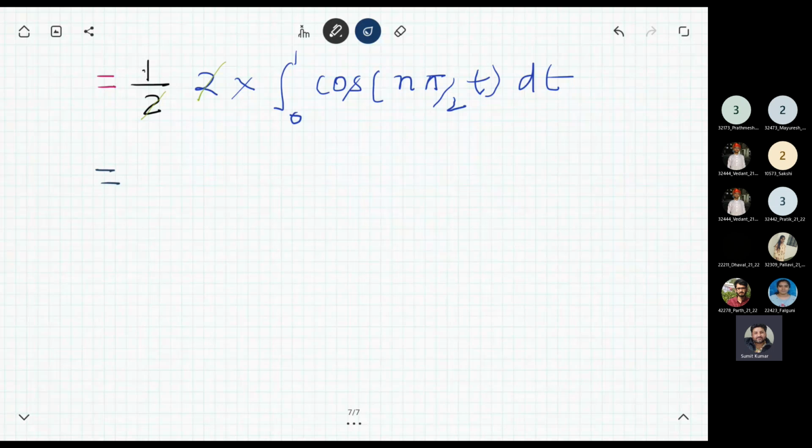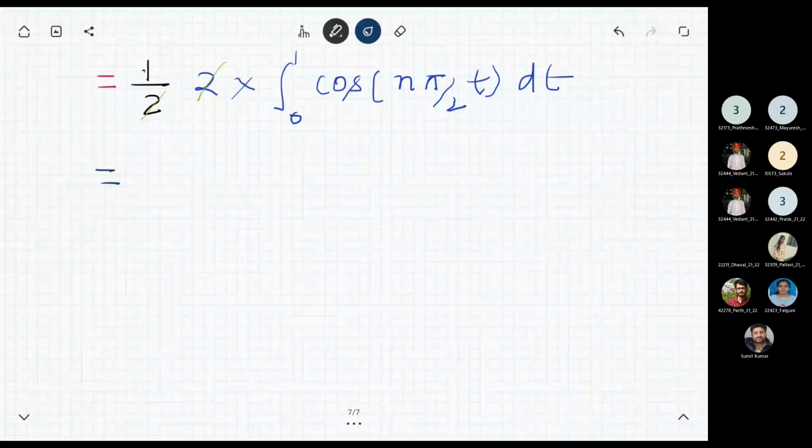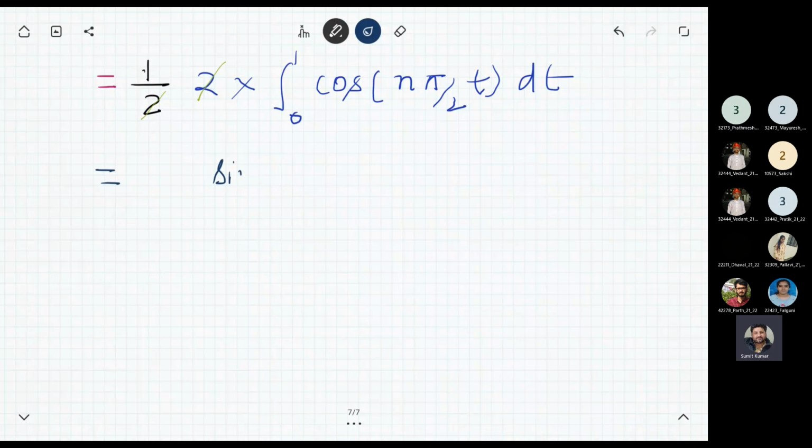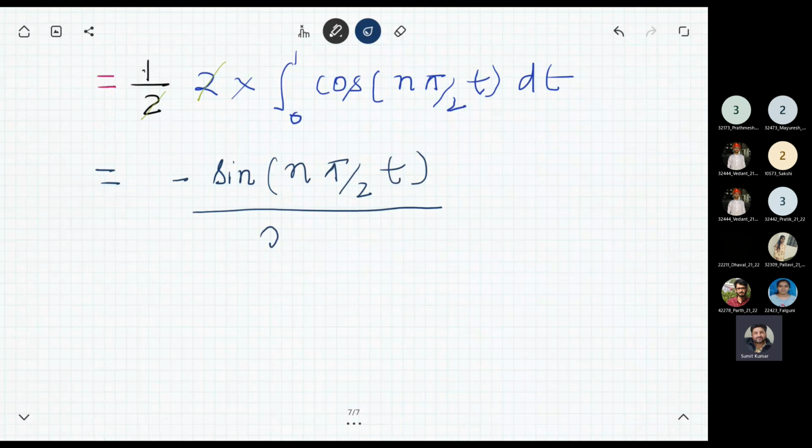So what is the integration of cos? Sine, right? Minus of sine, right? So it will be minus of sine n pi by 2 t, divided by n pi by 2, right? And we will be putting the values 0 and 1. This is what we will be putting.